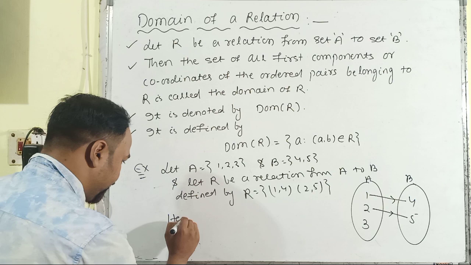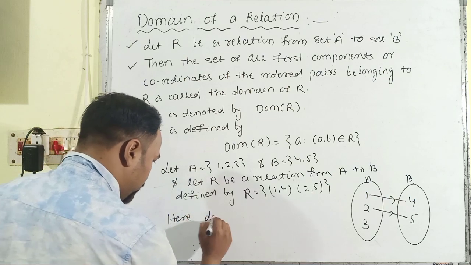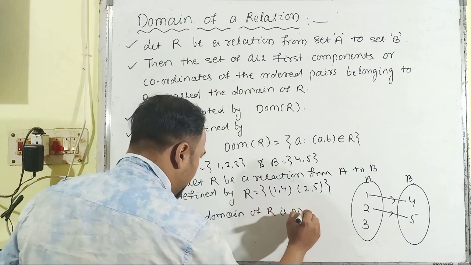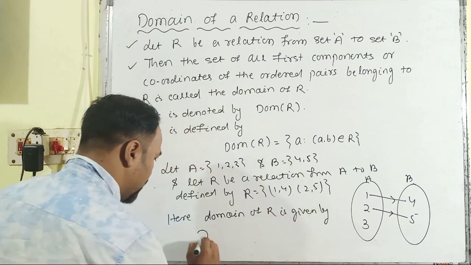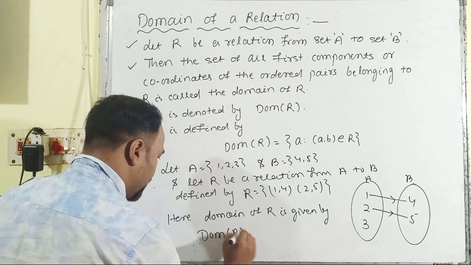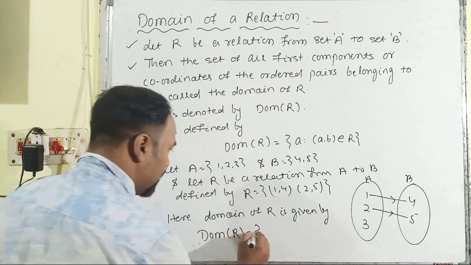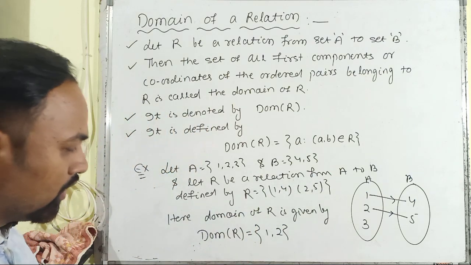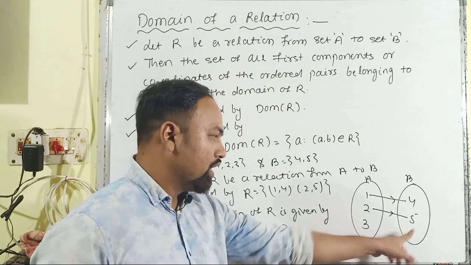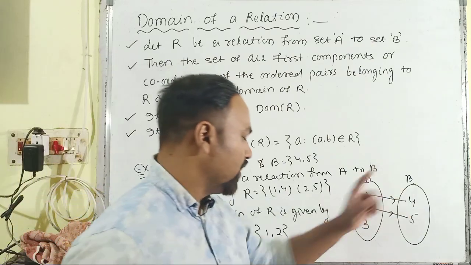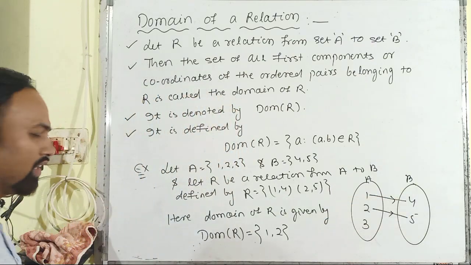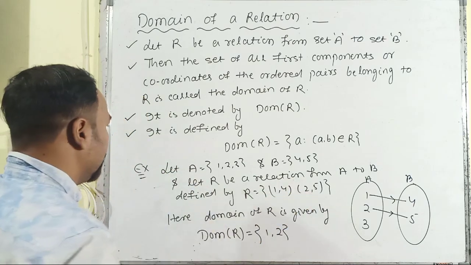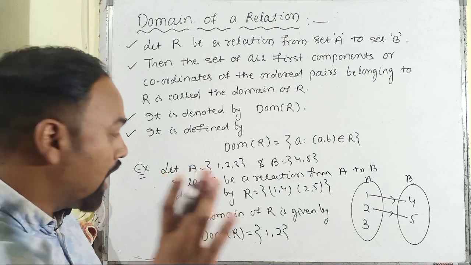So the domain of R is given by dom R, and it will be the set of two elements 1 and 2, because 3 is not attached with any element of the set B. So we just have to find the first component or first coordinate from the given ordered pairs. Then let us move towards another example.